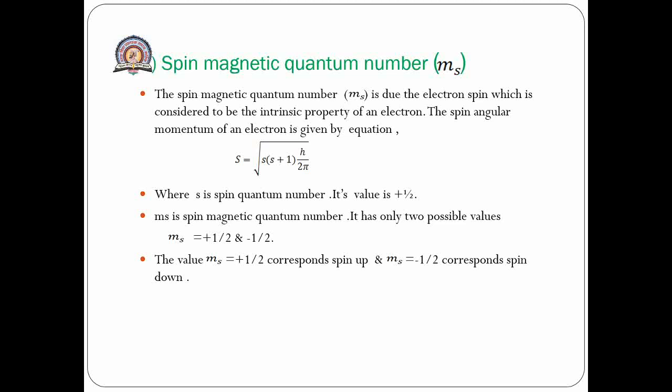The spin angular momentum of an electron is given by S equal to square root of s into s plus 1 into h upon 2 pi, where s is the spin quantum number, having values plus or minus 1/2. ms is the spin magnetic quantum number. It has only two possible values: ms equal to plus 1/2 represents the spin up state and ms equal to minus 1/2 corresponds to the spin down state.